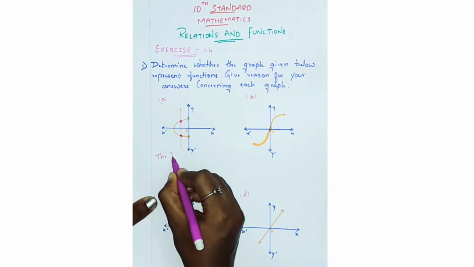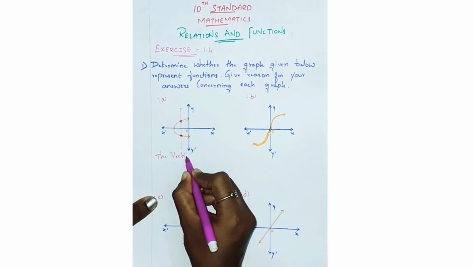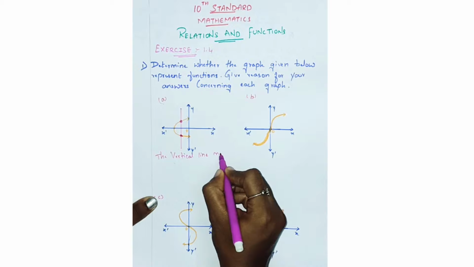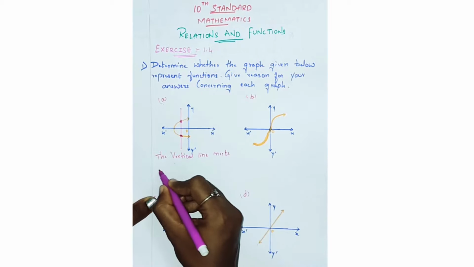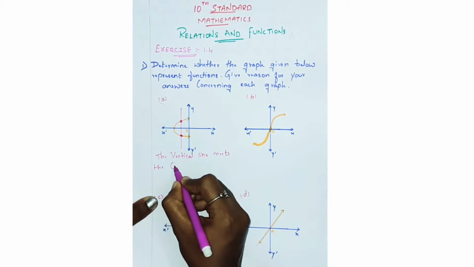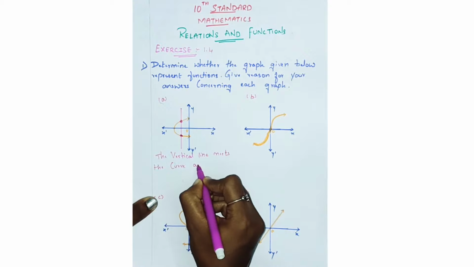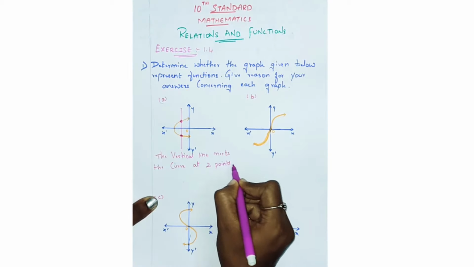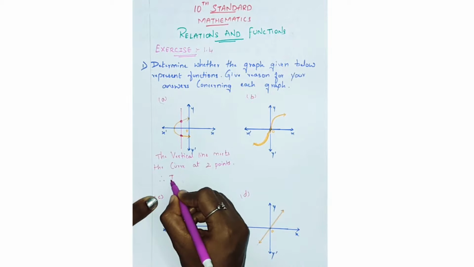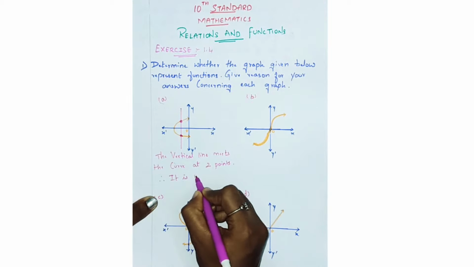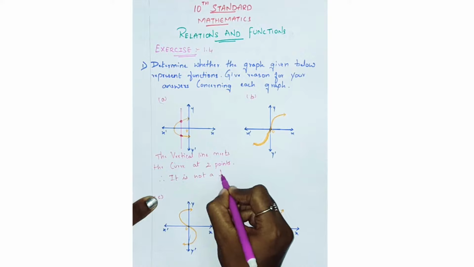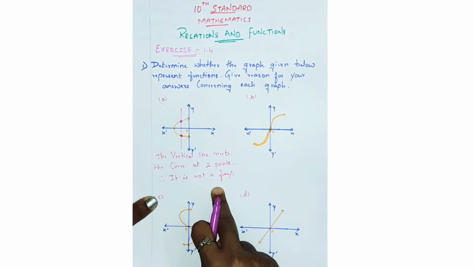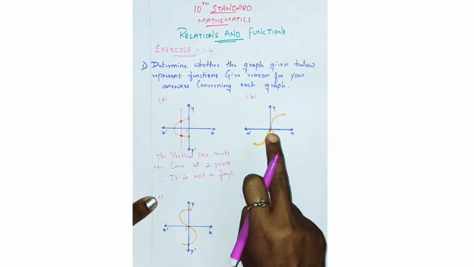The vertical line meets the curve at 2 points. Therefore, it is not a function. Got it?